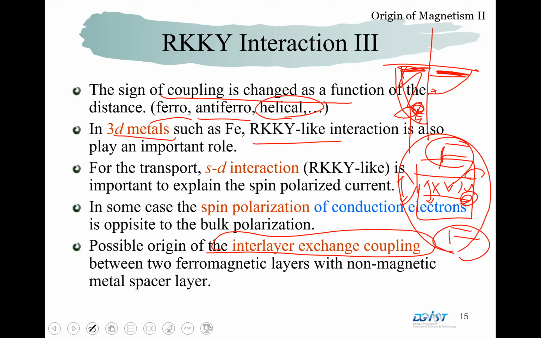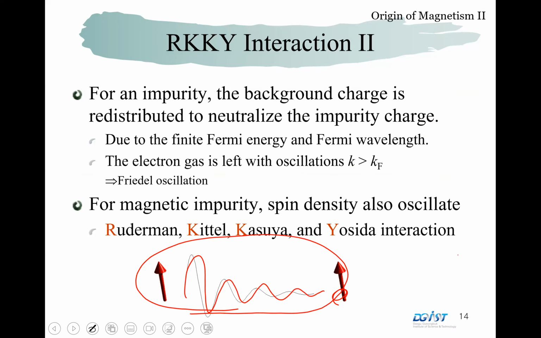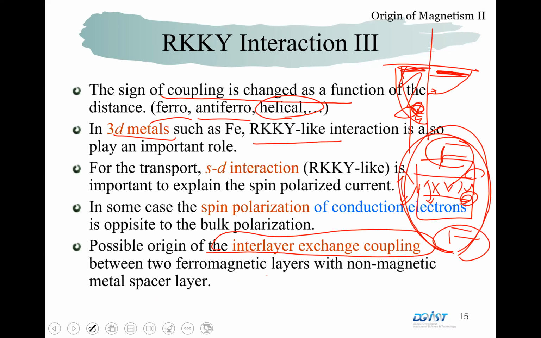So anyway, inter-layer exchange coupling is the correct description of this kind of phenomenon, but many researchers call this RKKY coupling. But the RKKY interaction came from this nature, and this interlayer coupling is a similar but different phenomenon.